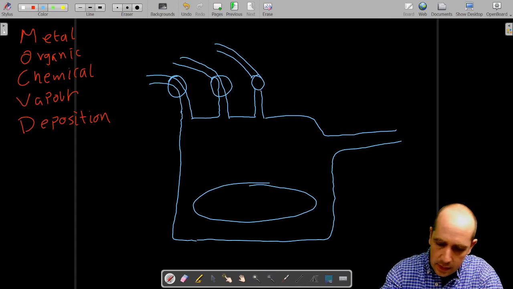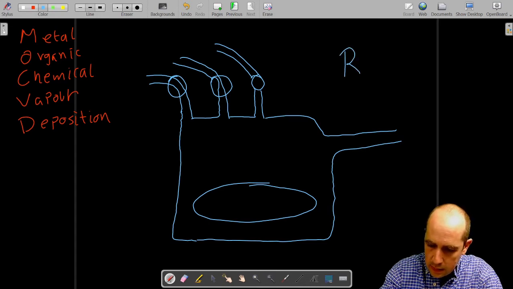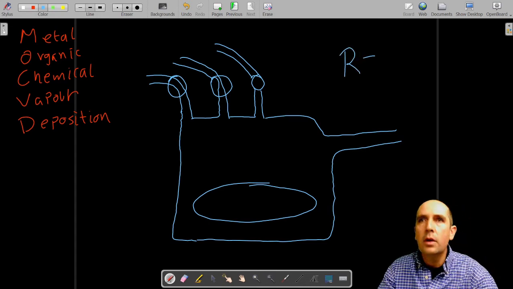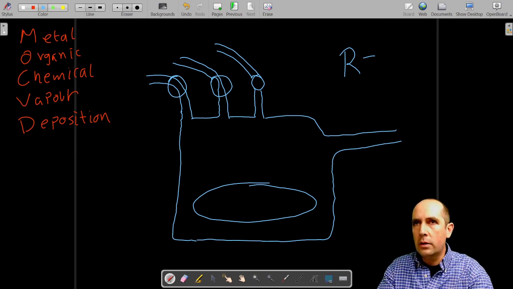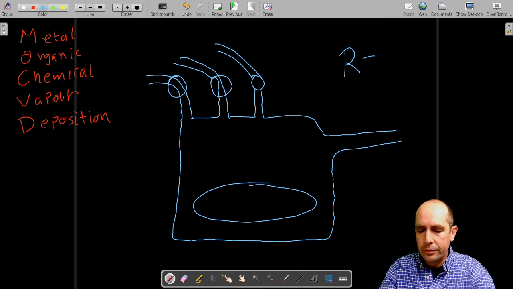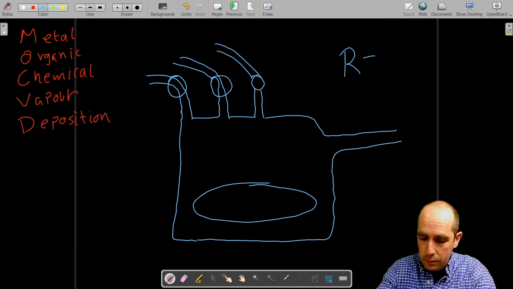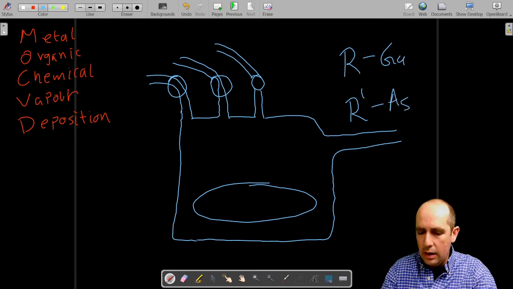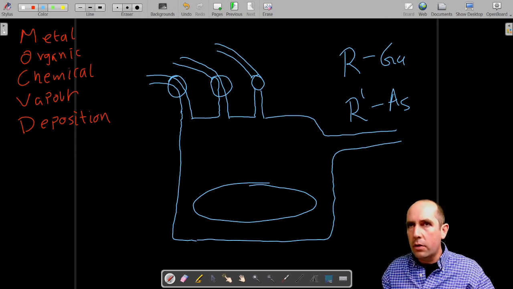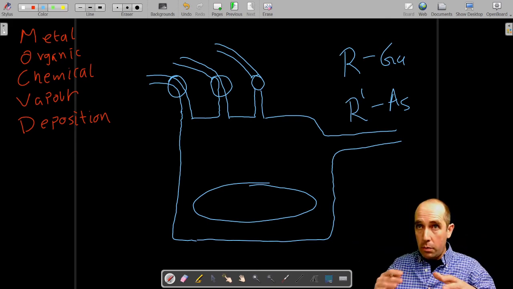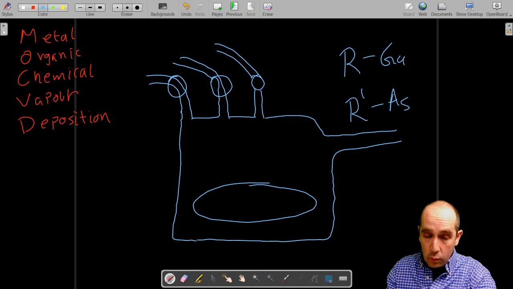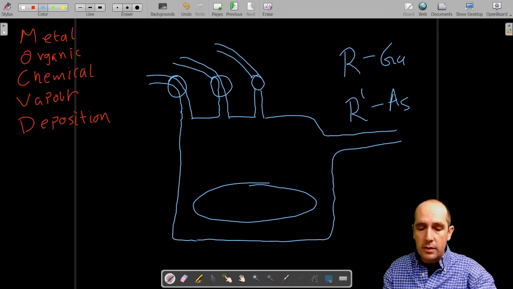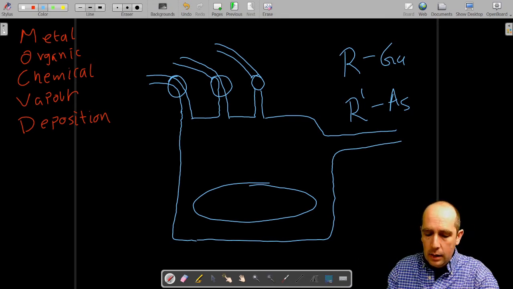So it's basically a radical, and it has bound the element that you want to deposit. So, for example, gallium, or let's say another radical which we will call R prime, with arsenic, or whichever other atoms you want to deposit on top of the wafer in order to start growing these layers.